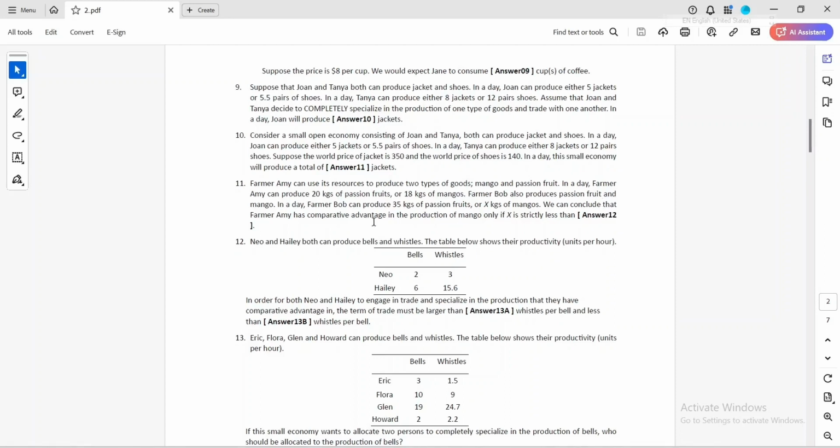We can conclude that Farmer Amy has the comparative advantage in production of mango if X is strictly less than. Since Farmer Amy has the comparative advantage in the production of mango, the opportunity cost of producing mango for Farmer Amy should be lower than Farmer Bob, right? So let's calculate the opportunity cost for mango.